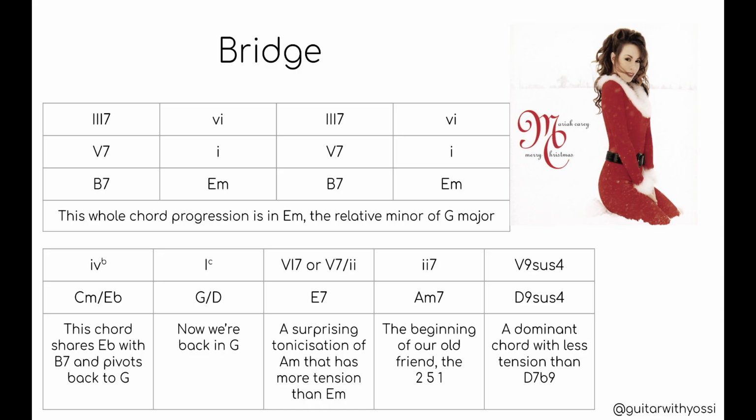The D9 sus4 has D, G, C, E, and A. The D7 flat 9 had D, F sharp, C, E flat, and 9. So this one has just an E natural and a G. And this one is going to resolve back to our number 1 chord.